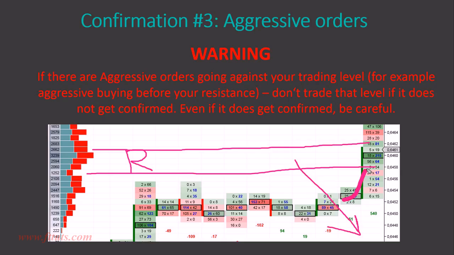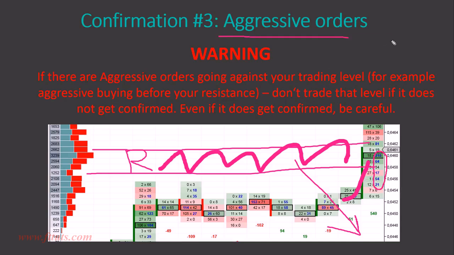The price reaches this resistance zone and you want to see some confirmation there, but instead you only see buying imbalances, aggressive buying orders, and this tells you that buyers are dominating the market. You can also tell if you look at delta. This is a really positive delta in here. So buyers aggressively start to jump in, they start to push the price upwards, and this is your resistance.